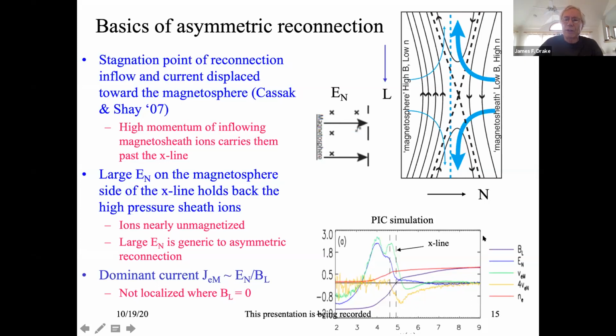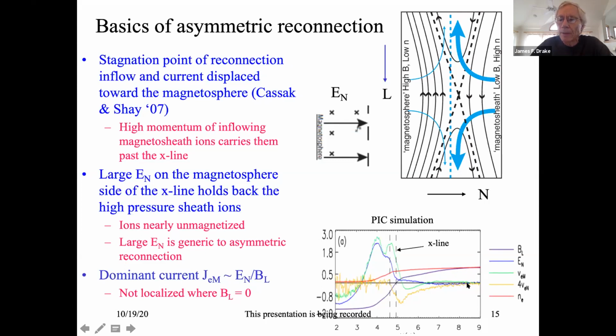And so what I'm showing here down below is a cut through a PIC simulation of this result through the X line. Here's a cut across the magnetopause. Here is the magnetic field. This line marks the X line.